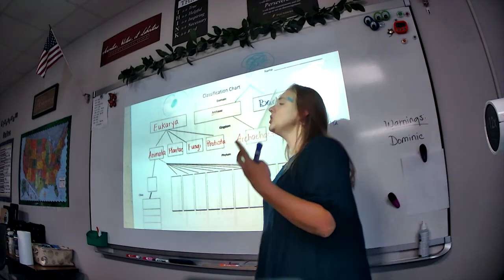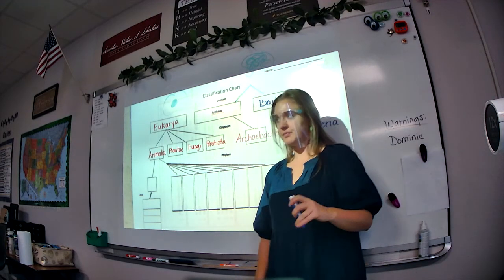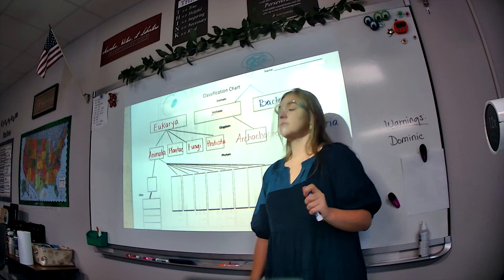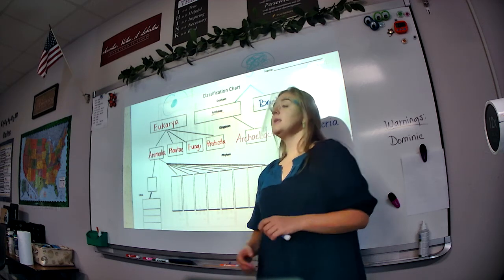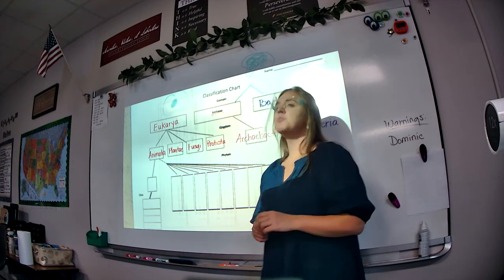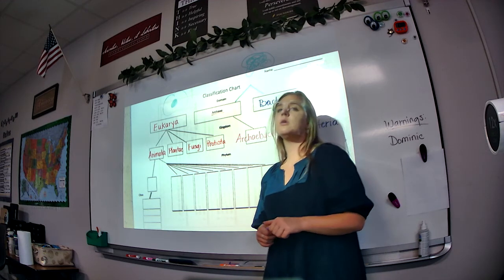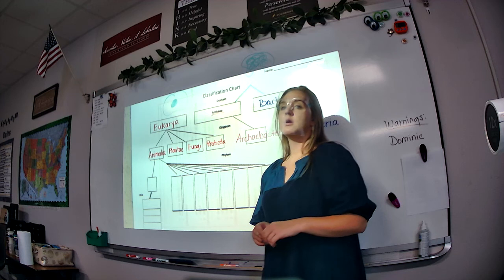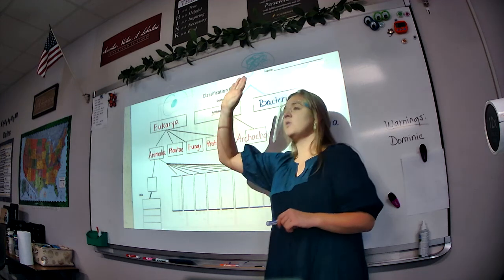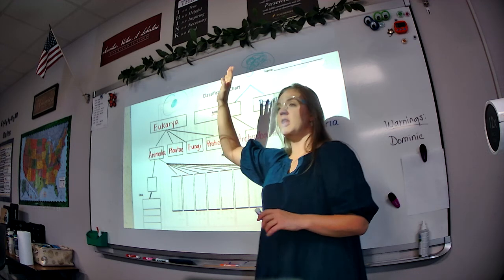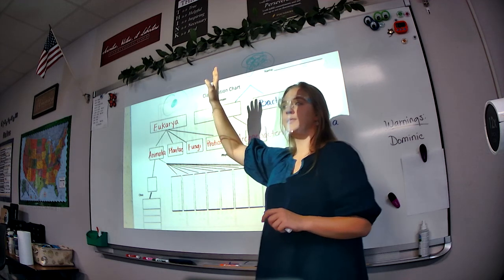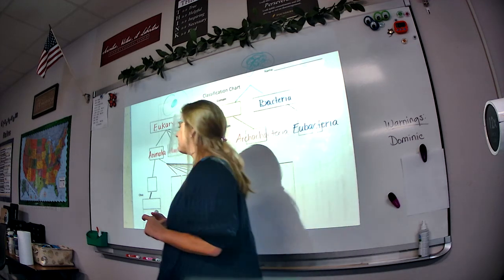So, Reagan, what does multicellular mean? Very good. Okay. Now, which is more common, multicellular or unicellular? Raise your hand if you think unicellular is more common. Raise your hand if you think multicellular is more common. Very good. Multicellular is more common.